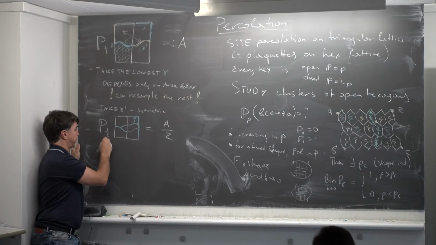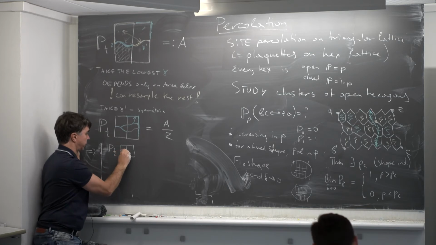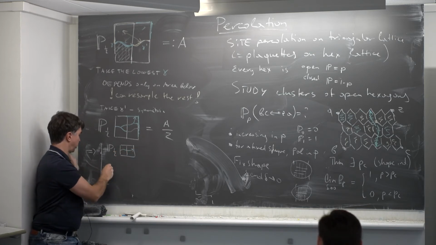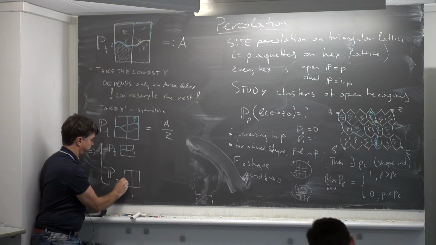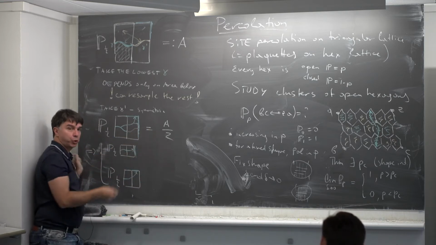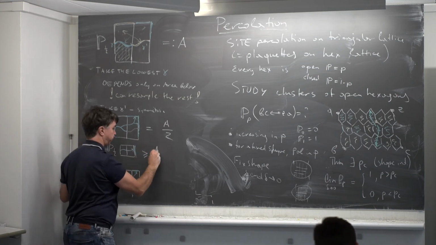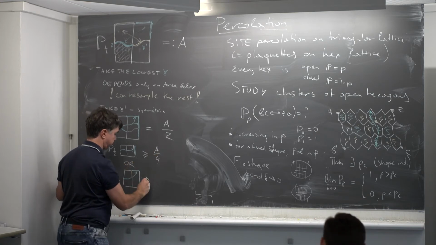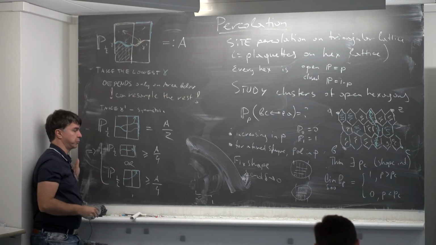So it follows that either we landed on the right or we landed above. Since the sum is A/2, at least one of them will be at least half of that. So this is at least A/4, or this is at least A/4.